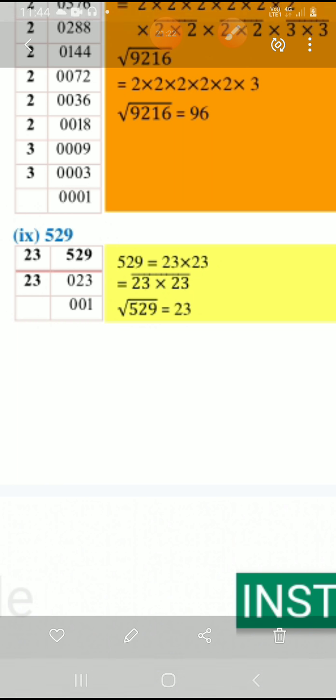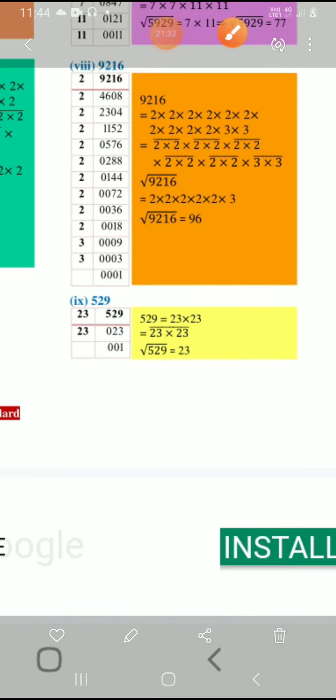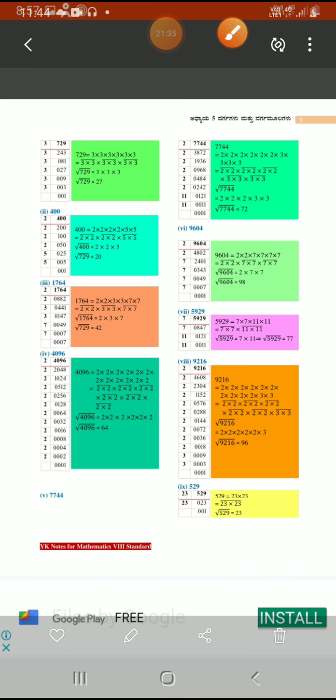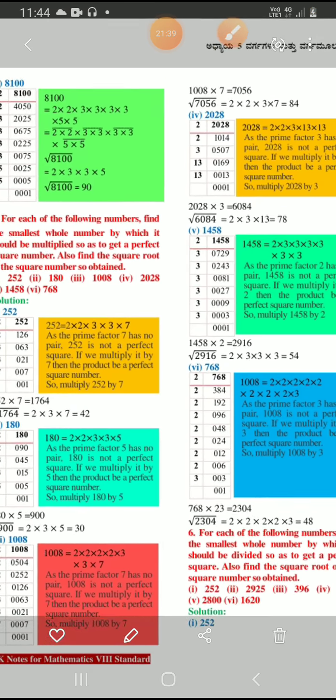Okay, so the final answer, you can see the answer will be 23, right? So this is the other way of finding the square root of numbers, right? So next we can see a 10th one also is there.